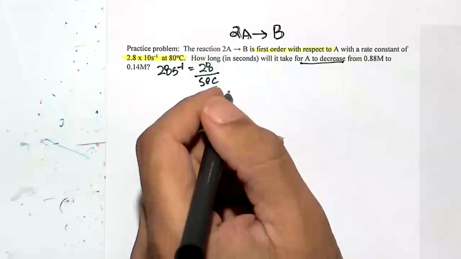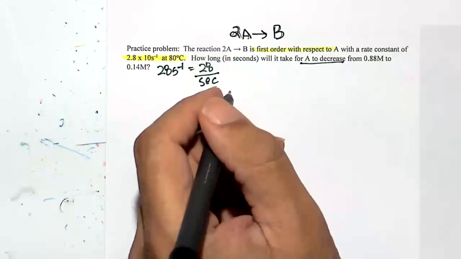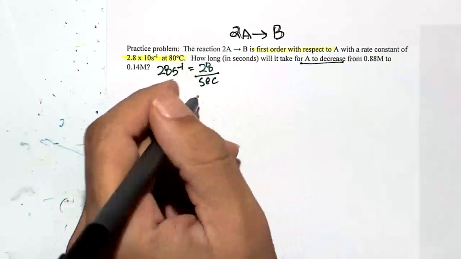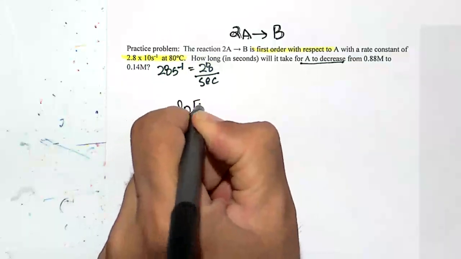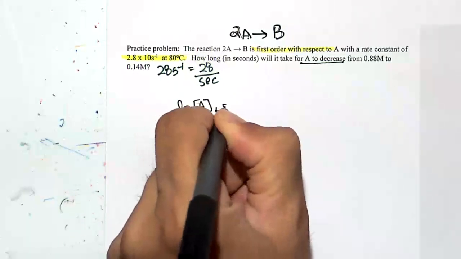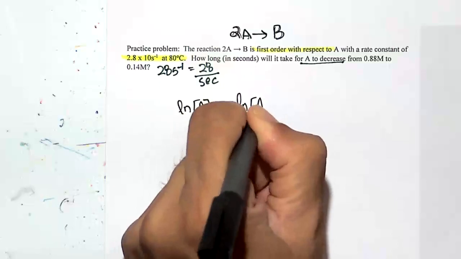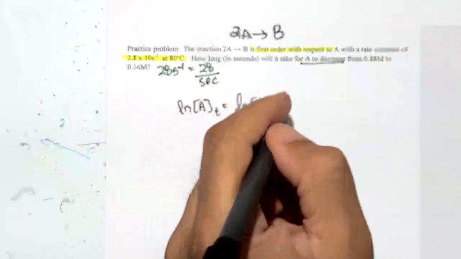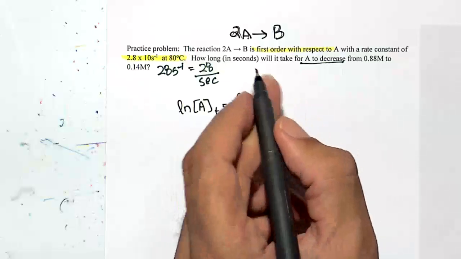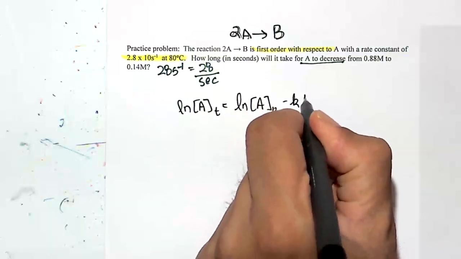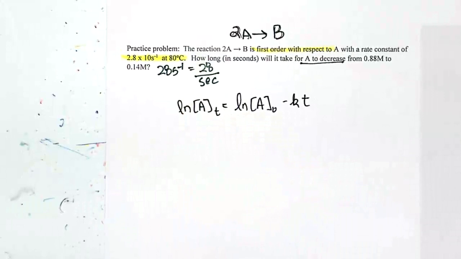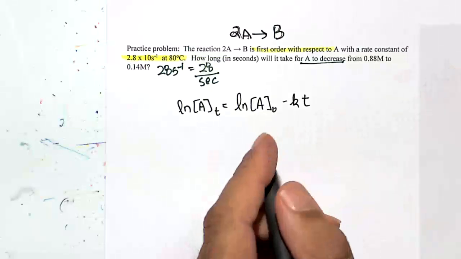First order, what's the equation for first order? Can someone tell me? Natural log of A at some time t equals natural log of initial A naught minus KT. Minus KT. Very good, thank you. So this is what we need to plug and play.